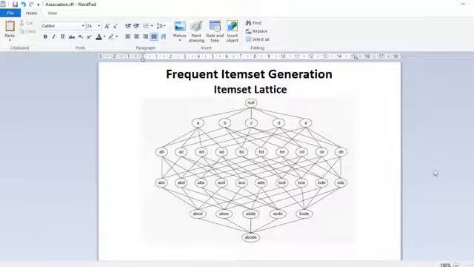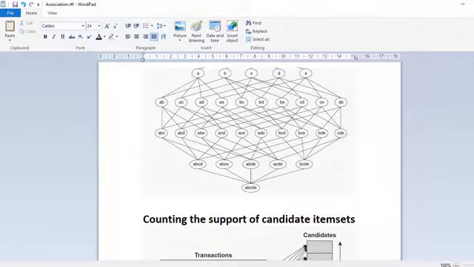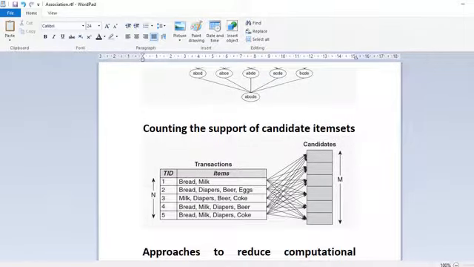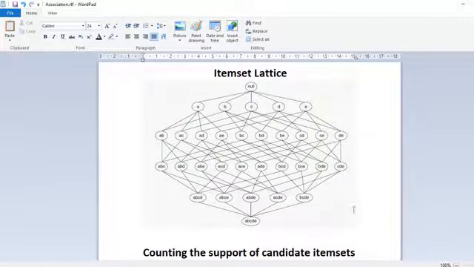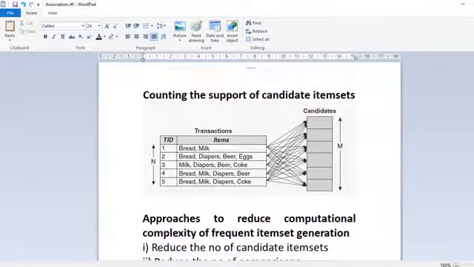So let us see a brute force approach for finding the frequent item sets: determine the support count for every candidate item set in the lattice structure. So for every candidate item set generated over here, we need to check what the support count is. How can we do that using the brute force approach?